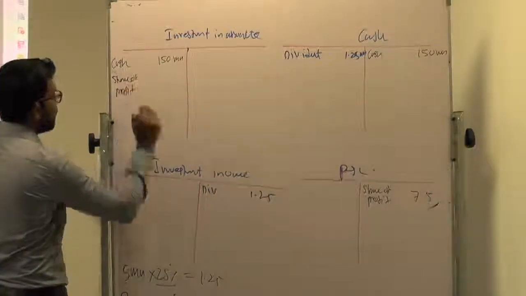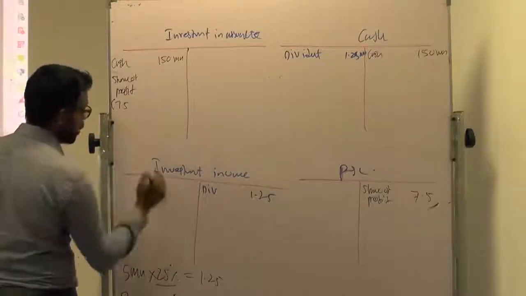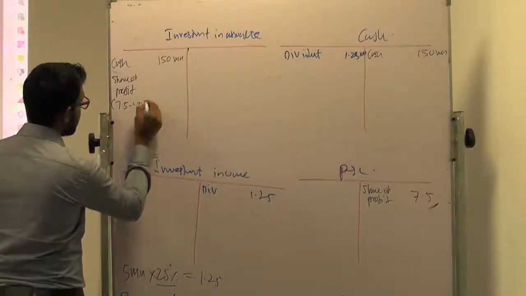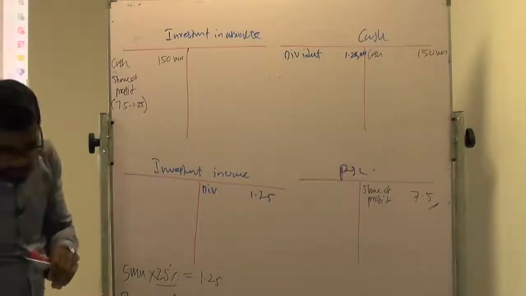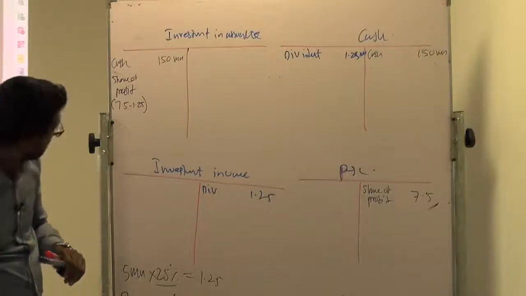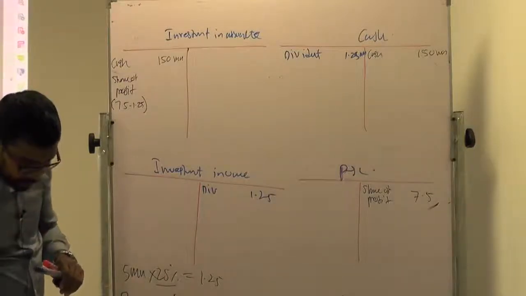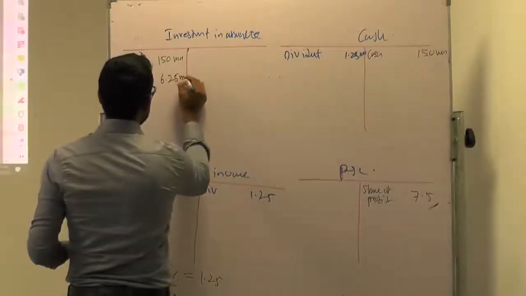Here you have to be mindful. Out of 7.5 million, we have already taken 1.25 million as dividend. So in your investment, 7.5 minus 1.25, which is 6.25, you have to consider in your balance sheet.